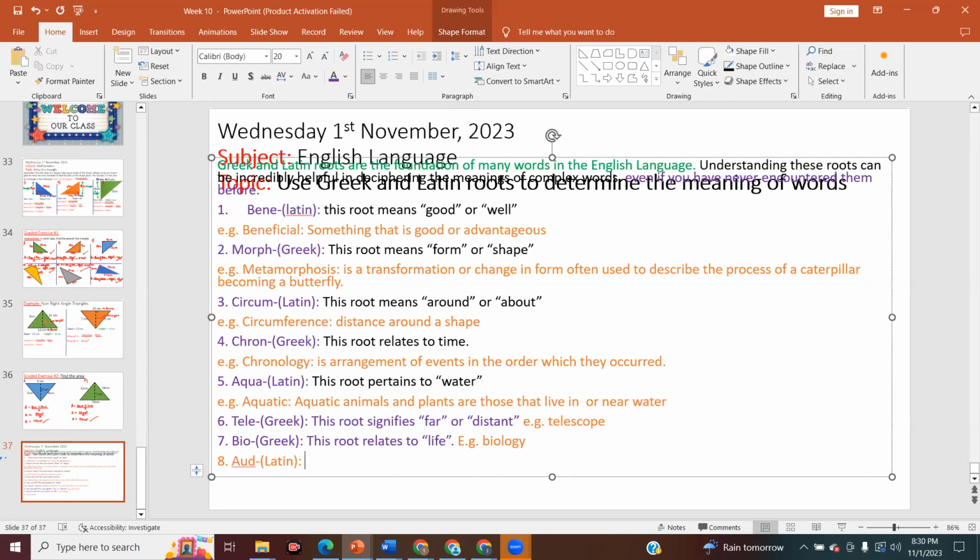So this root refers to what? Audi. Everyone listening. Very good. This root refers to, sorry, not sound, it refers to hear or listen.